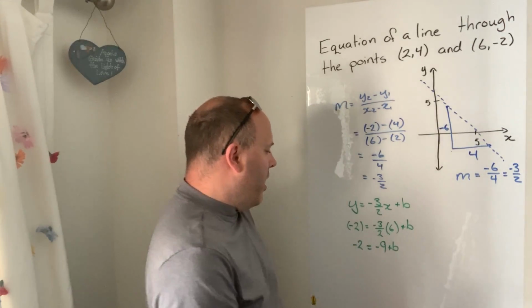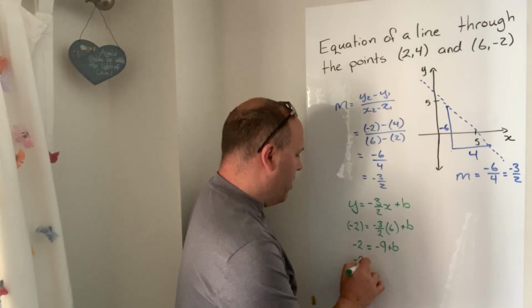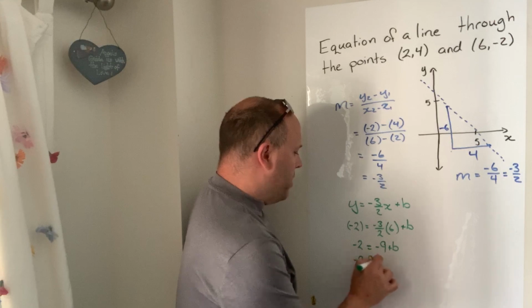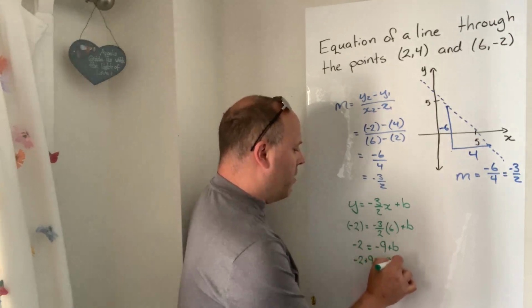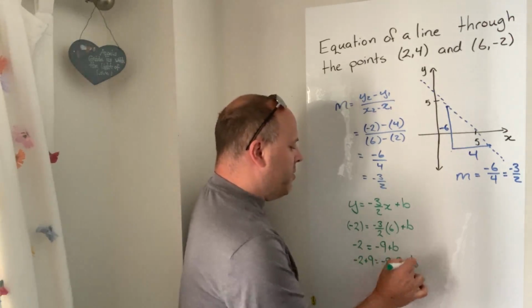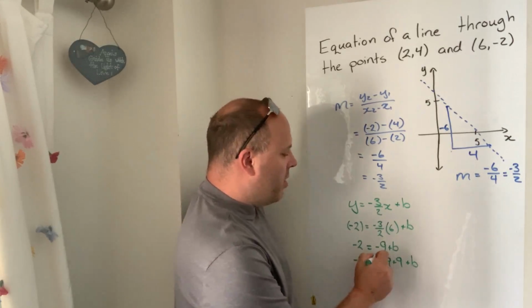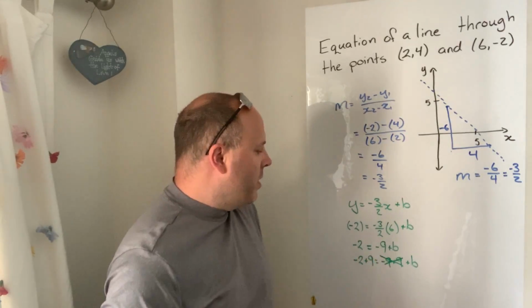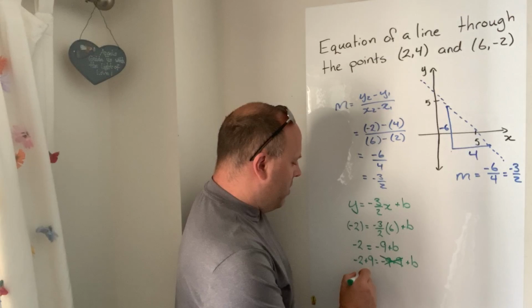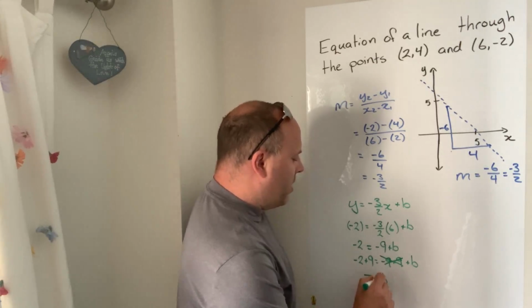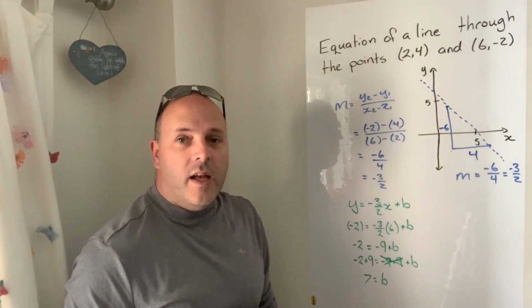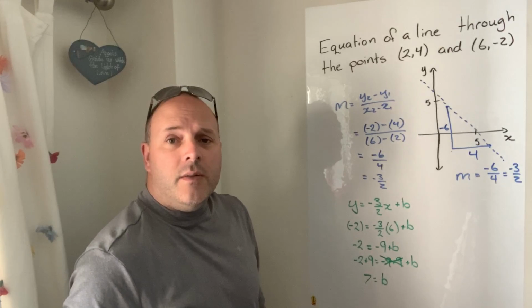And add 9 on both sides. Negative 2 plus 9 is equal to negative 9 plus 9 plus b. I added 9 on both sides. Those add up to 0. And that adds up to 7. So the y-intercept for this line is 7.